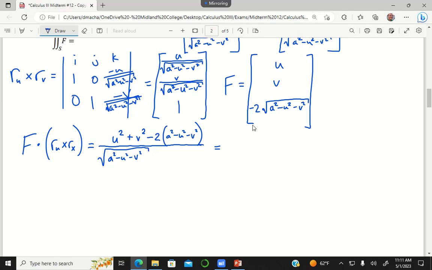And we would get u squared plus 2u squared is 3u squared, and then 3v squared, and then minus 2a squared over square root of a squared minus u squared minus v squared. Or I could just replace the u's with x's and the v's with y's, because those are the same thing, remember?